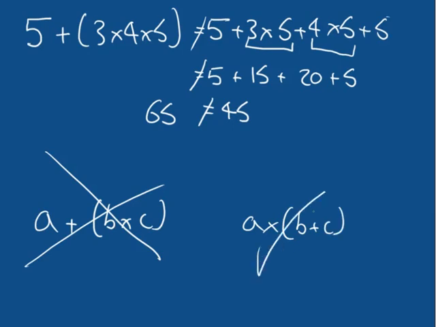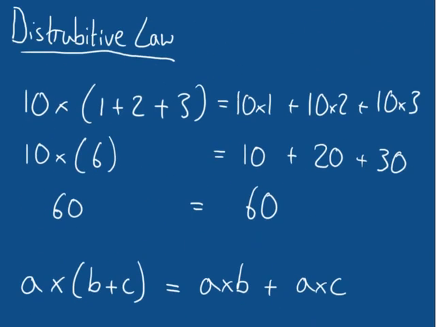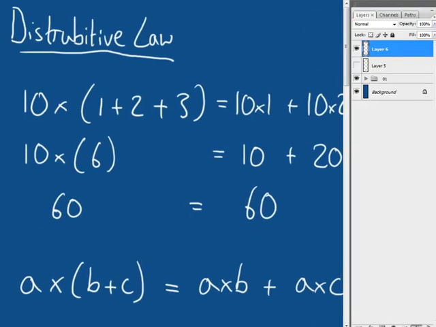Now this concept can actually be extended beyond addition to include subtraction, as long as we maintain some simple rules. So I'm going to bring up a new whiteboard, and as long as we're careful and as long as we maintain some very simple rules, we can actually include subtraction.